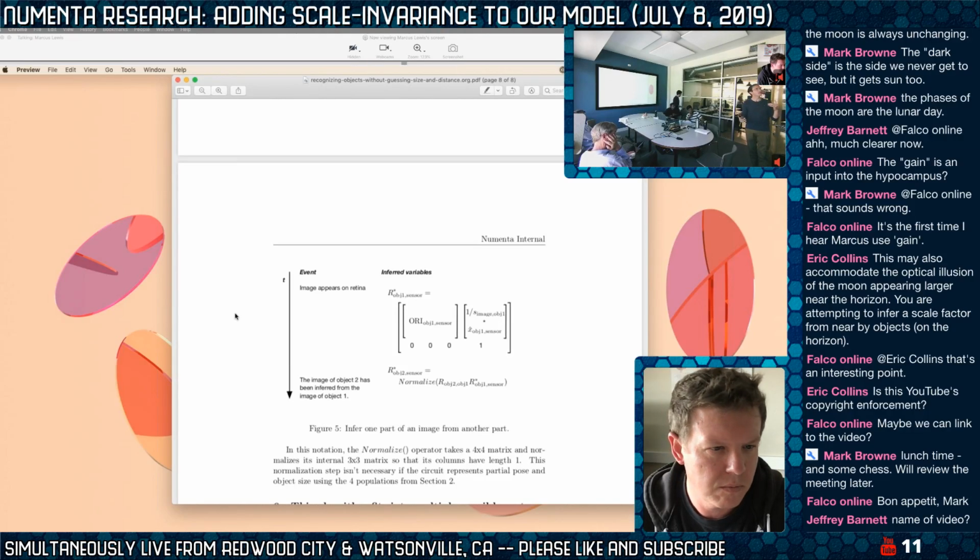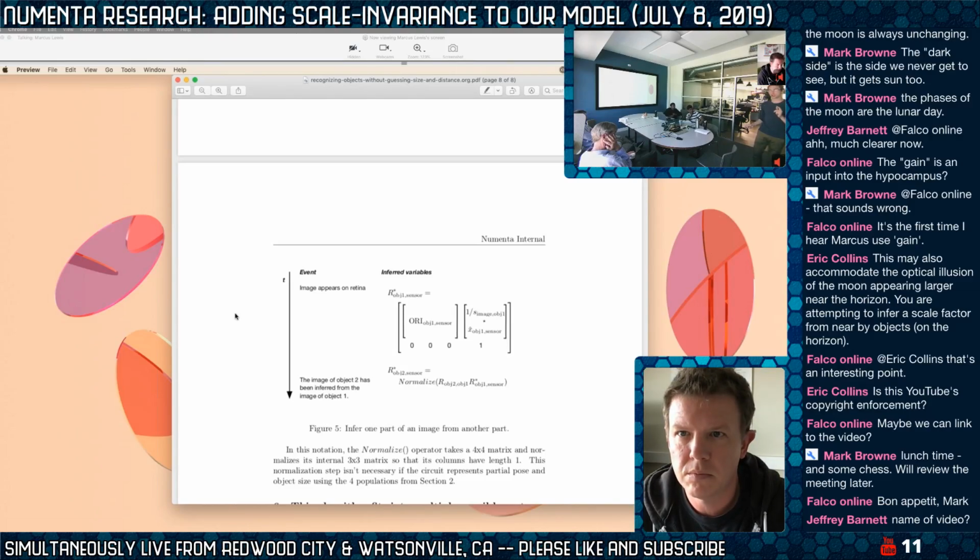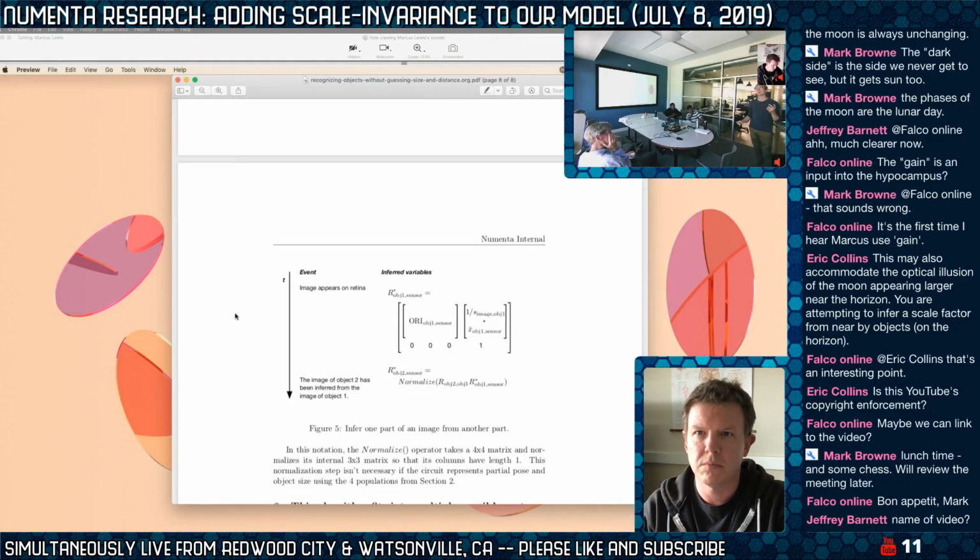I think there's good reason to believe that the visual system and how it recognizes objects does it all by what images are on the retina, and by predicting from one component. It's like, okay, I see this one sub-object, this one child object.